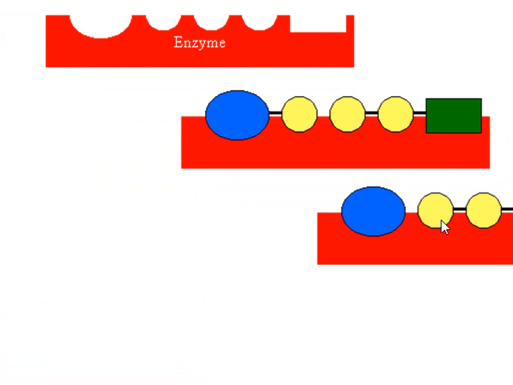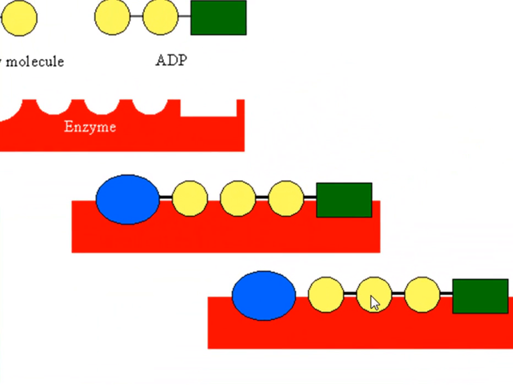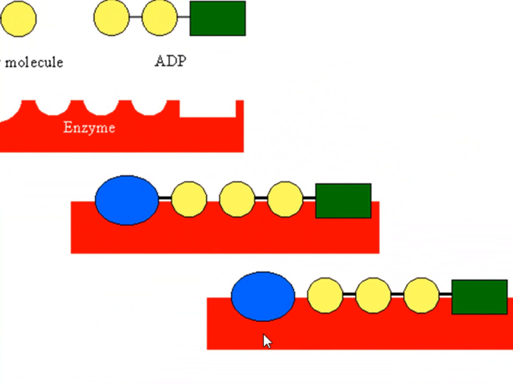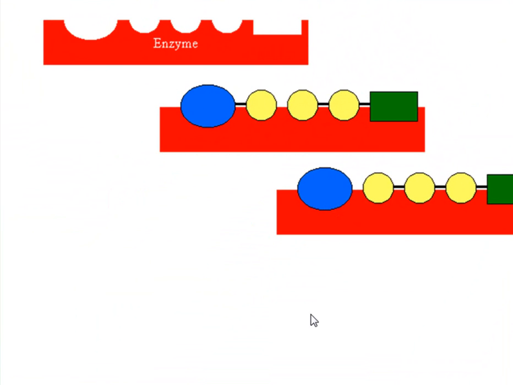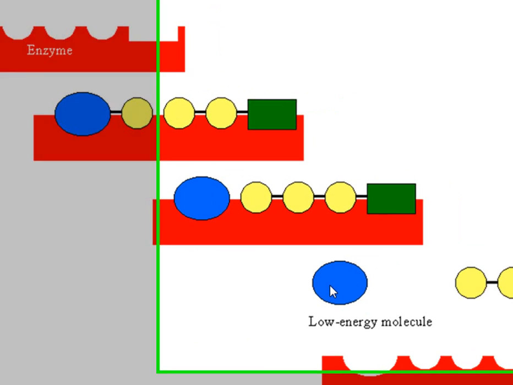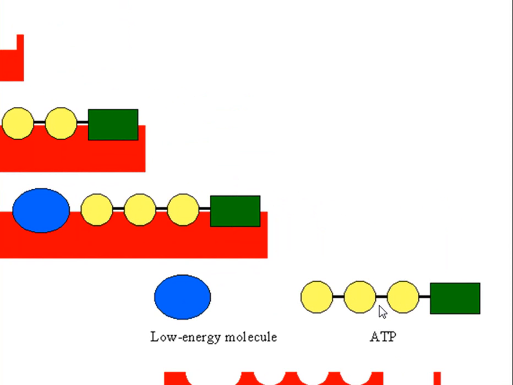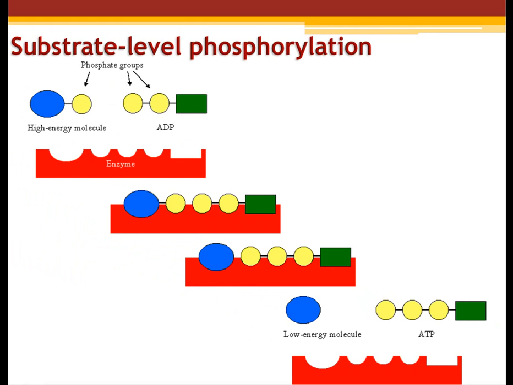When that happens, we now have ATP and our molecule without any phosphate groups left over. This is now a low energy molecule, and all that energy has been transferred to form ATP. This occurs at the substrate level. So you have to recall that that is the only way that we will get this type of ATP being produced.